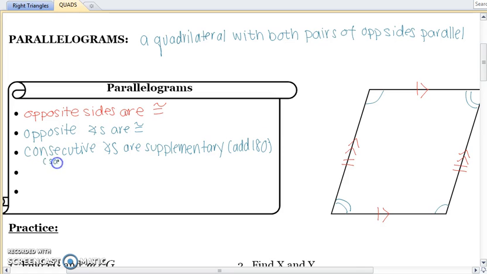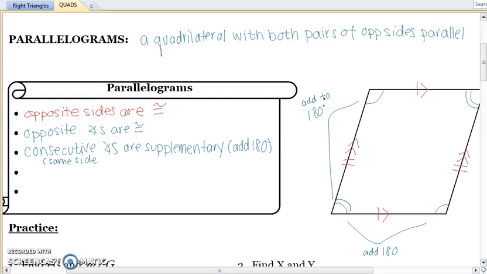Another word for consecutive is same side. So in this case, these angles add to 180 degrees. These angles add to 180 degrees. So I believe that will be able to help you.